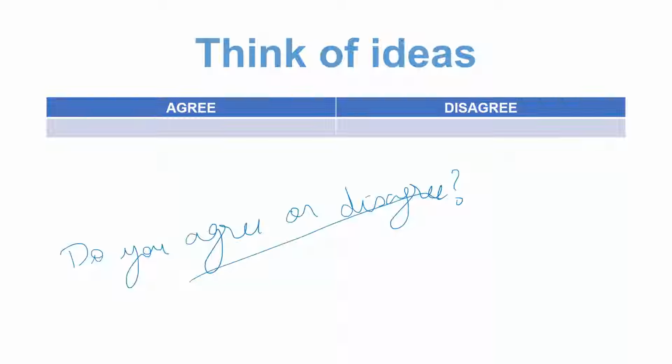You have to pick one side. Either you're gonna agree or you're gonna disagree. You can think of ideas in agreement or in disagreement, and pick one side. So if you want some time to think about ideas yourself, you can pause the video. I'm gonna just share some ideas with you now.